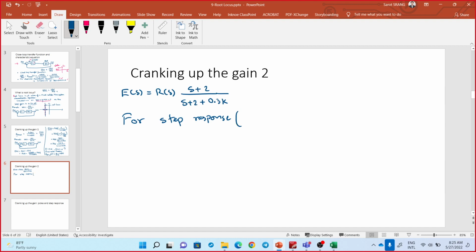Step response means R of s equal to 1 over s, unit step, right? And then from the final value theorem, e of infinity equals the limit as s tends to 0 of s times 1 over s, which comes from R of s, times s plus 2 over s plus 2 plus 0.3k.